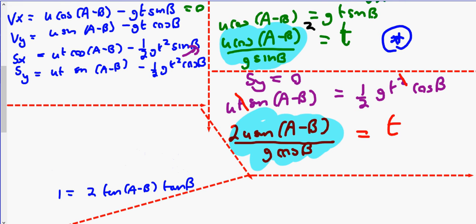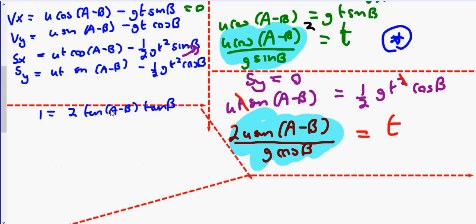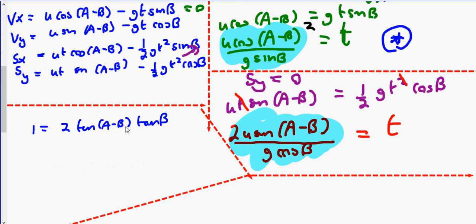Alright. I haven't done a single thing wrong, so don't worry about it. Could have been quicker. Now, what can I do here with this formula? Any guesses what I can do with this? Come on, you will guess. What am I going to do with the a minus b?